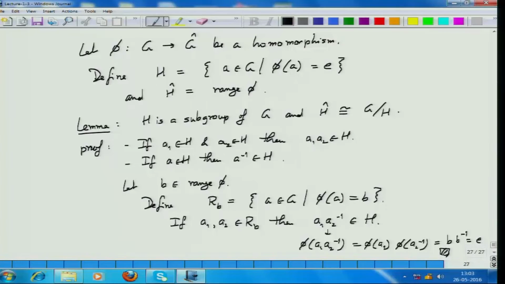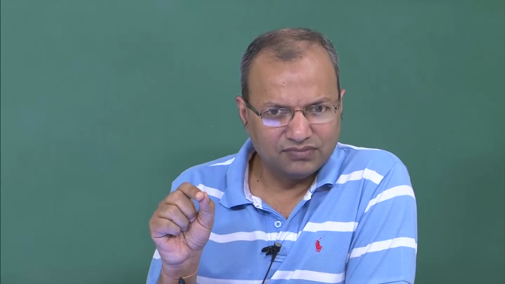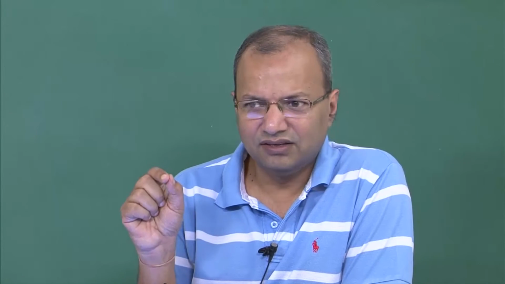Another thing which I have skipped for homomorphism, again a simple fact which I would ask you to verify yourself, is that if phi is a homomorphism and phi of A is B, then phi of A inverse is B inverse. Verify this.